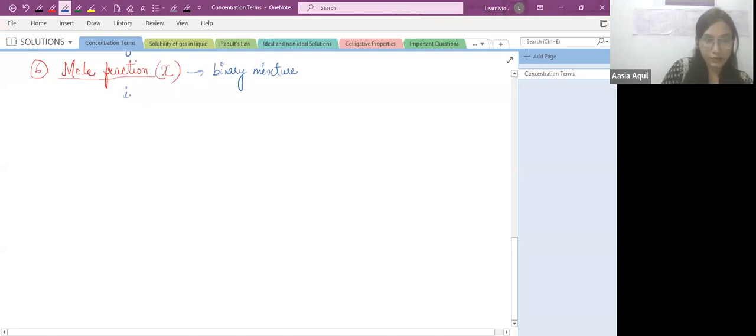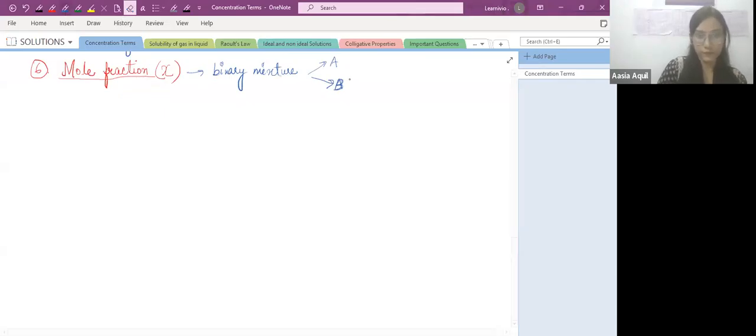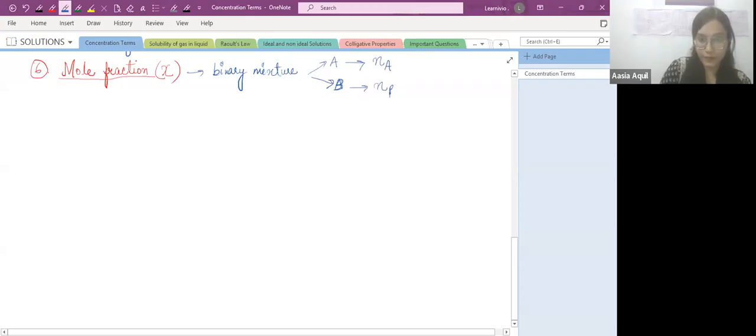So if it consists of two components, A and B, and the number of moles of A is Na and the number of moles of B is Nb, what could be the mole fraction of A and of B?